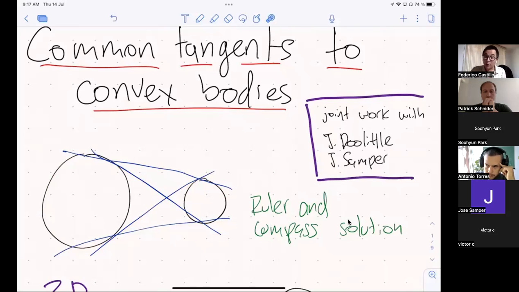But how to find these lines? The Greeks already had a concrete construction. In general they did have existence proofs too, but in this case their proof was effective. They had an algorithm with ruler and compass to produce these lines.